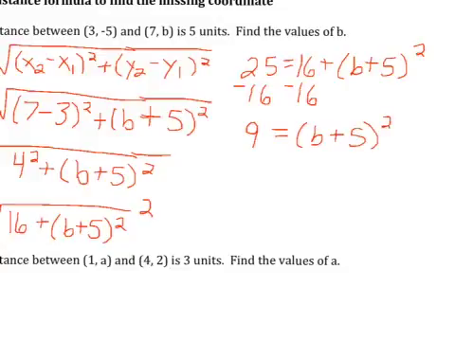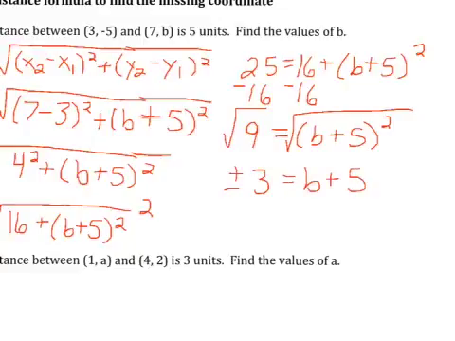Now I want to get rid of the squared, so we need to square root both sides. And remember, when we're solving and we take a square root, we need to do plus or minus 3 equals b plus 5. So now we need to make 2 equations because we're going to get 2 different answers.